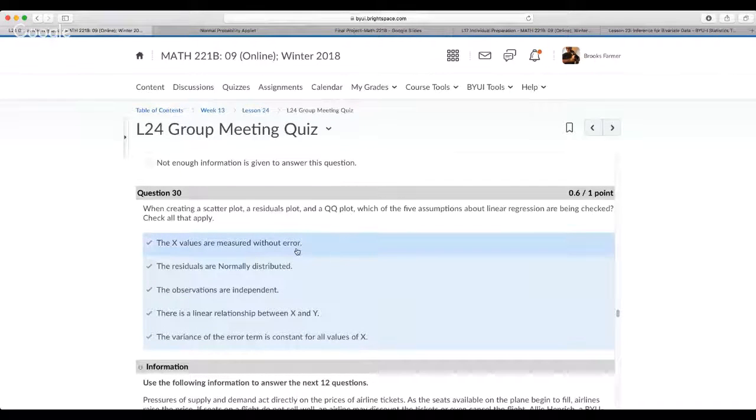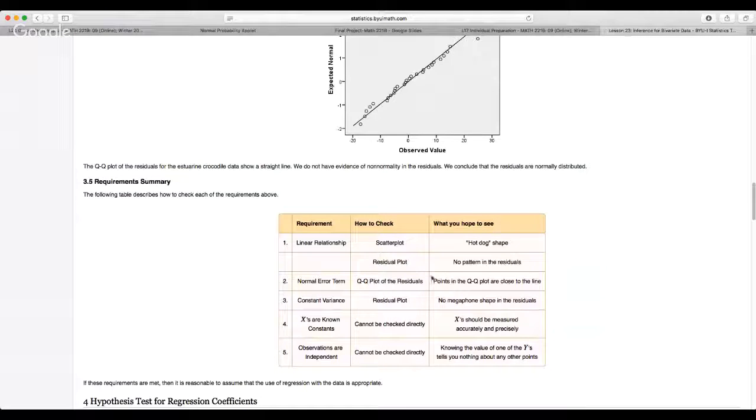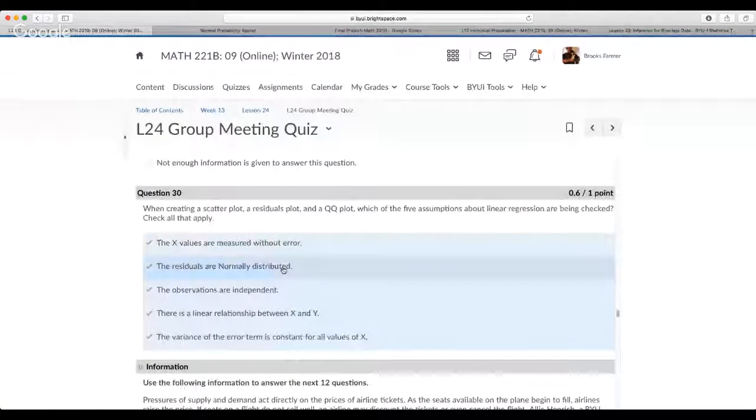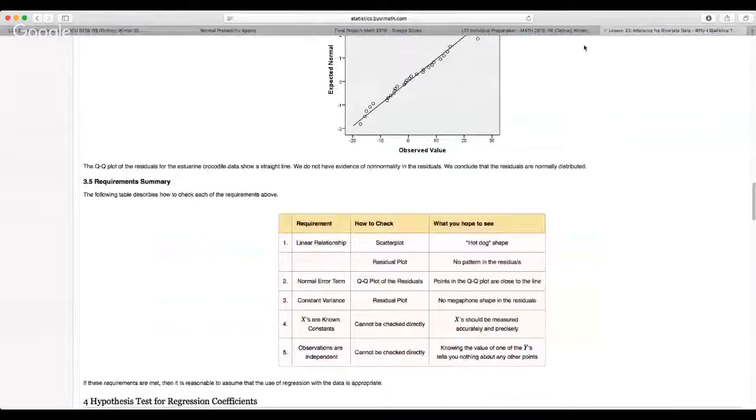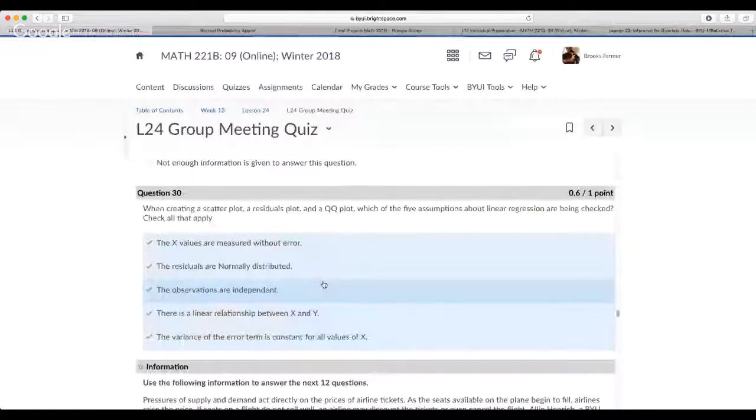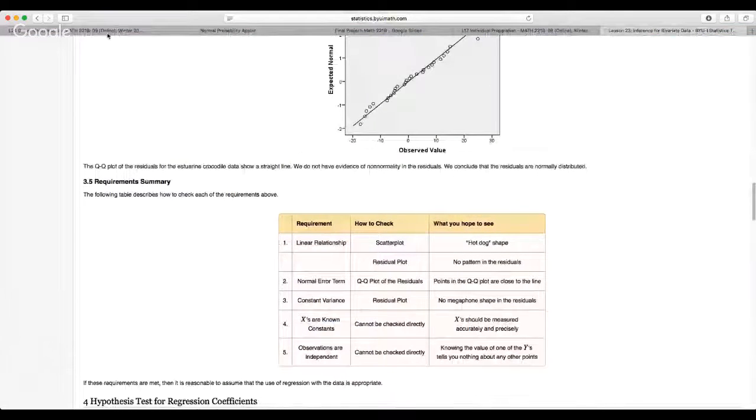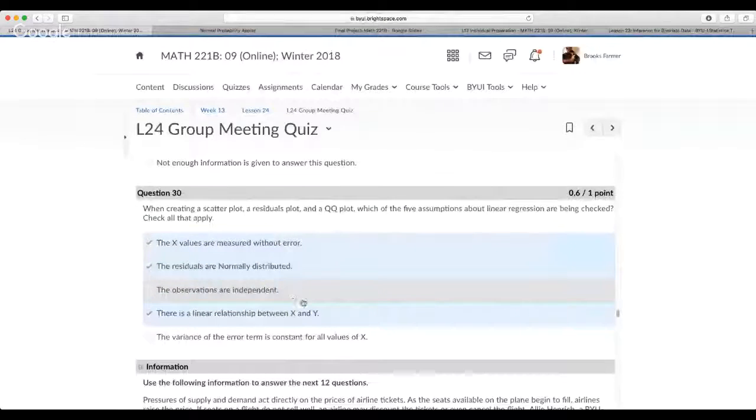So it won't change on here, but the ones we're looking for are constant variance and residuals are normally distributed, correct. That is not being checked. Observations are independent right here. So it's all of them except for C and E. Okay.